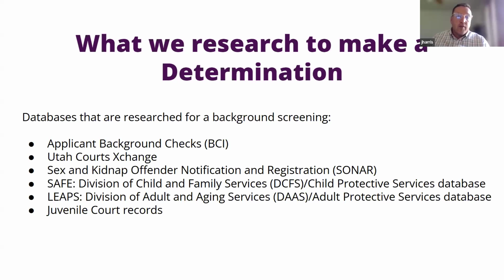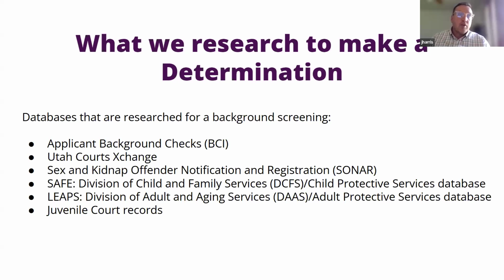So in the SAFE databases, they will conduct investigations in regards to children, and they will make findings, supported findings, or they'll make determinations on those findings, whether they're supported investigations or whether they're not.